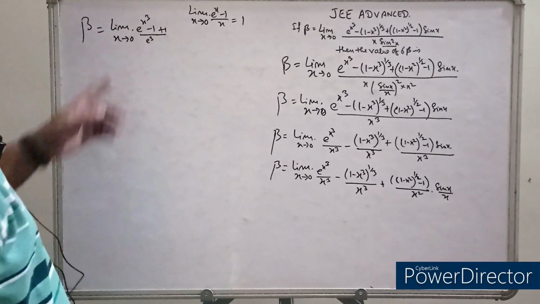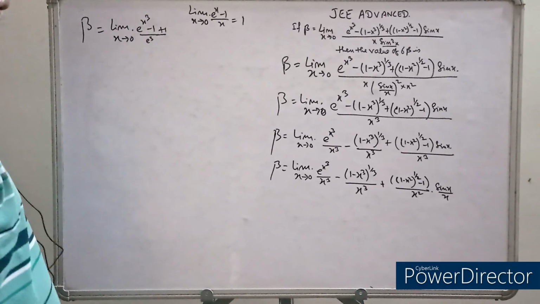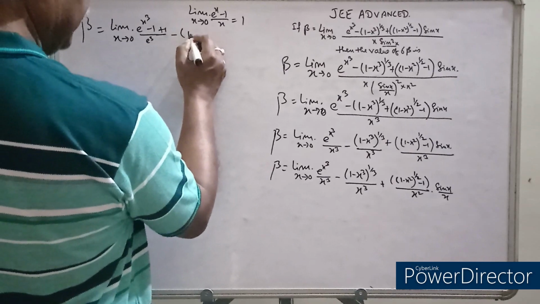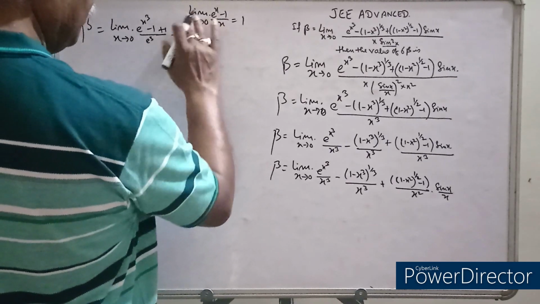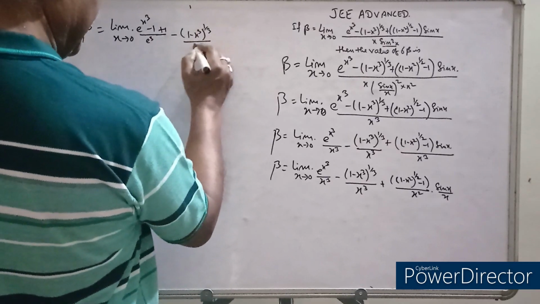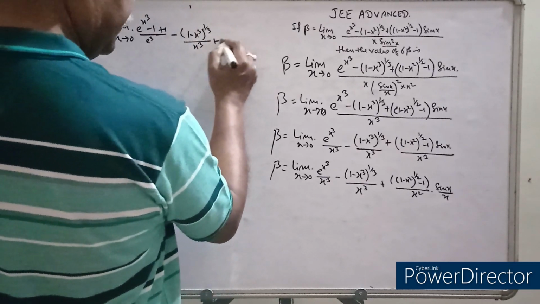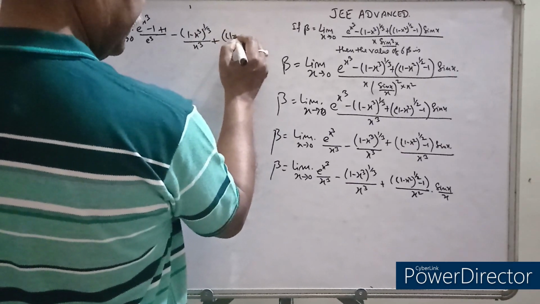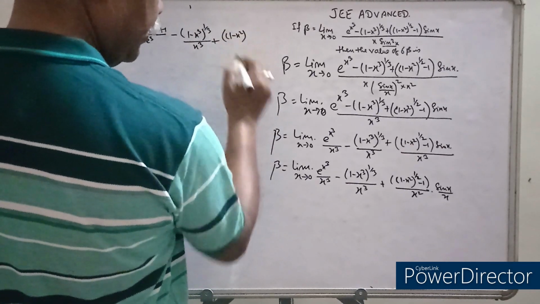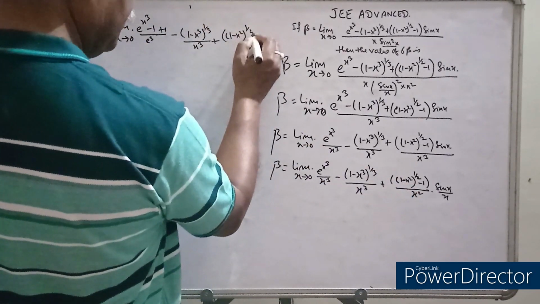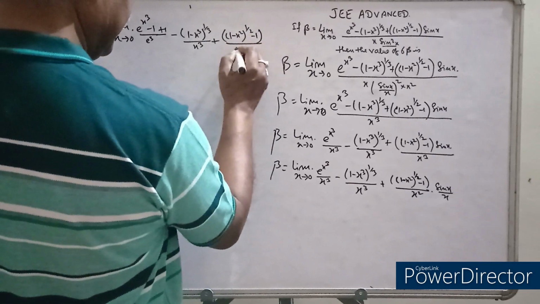So minus 1 plus 1, and here let it remain as it is, x cube to the whole power 1 by 3 by x cube, plus now this is 1 minus x square to the whole power 1 by 2 minus 1 by x square.